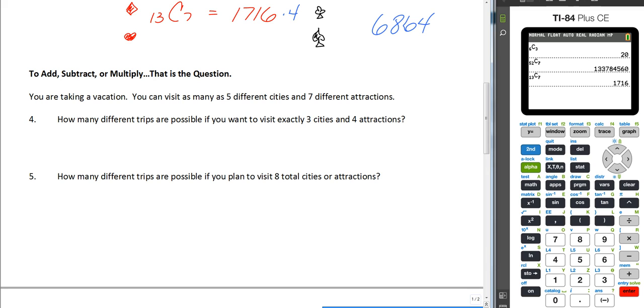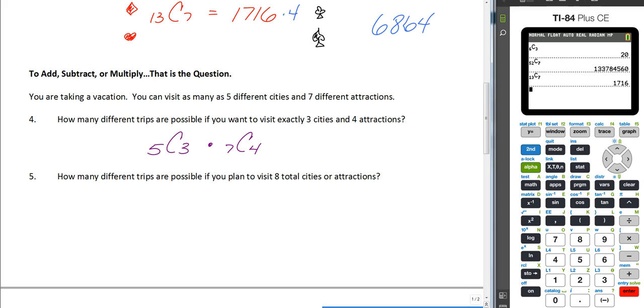Well, since this is broken down into different things, we have 5 possibilities to choose from, and we're going to pick 3 different cities. And since we're going to switch over to attractions, we're going to multiply that by 7 options, choose 4 attractions.